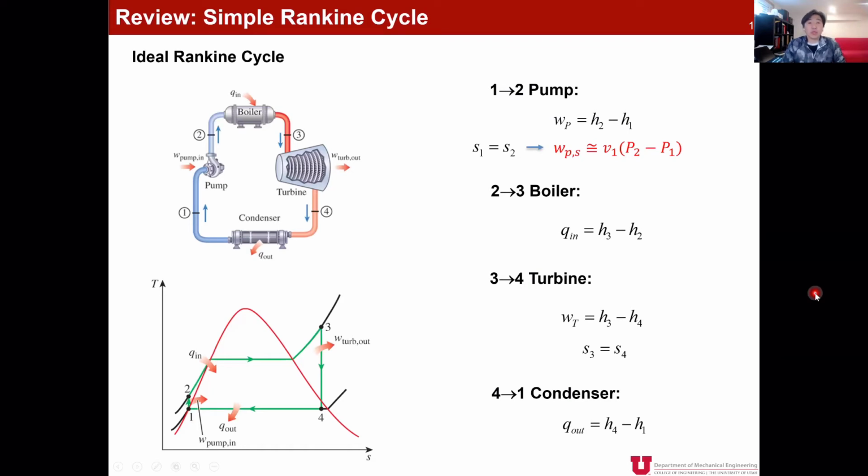Now, before we talk about the expansion of the Rankine cycle, let's overview what we learned about the simple Rankine cycle in the last lecture. The simple Rankine cycle is composed of four main key parts. The first one is a pump, and a steam generator or boiler, and a turbine and a condenser.